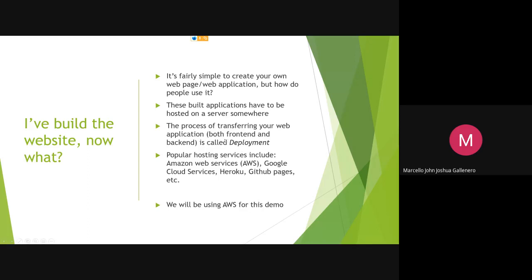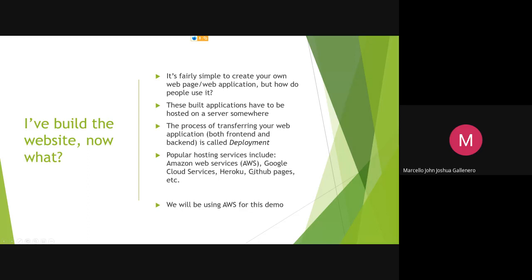deployment. So, that's a general term for deploying front-end code, back-end code. Basically, anything i-deploy mo para magamit siya by your website. So, popular na hosting services kay Amazon Web Services, Google Cloud Services, yung GCP, Heroku.